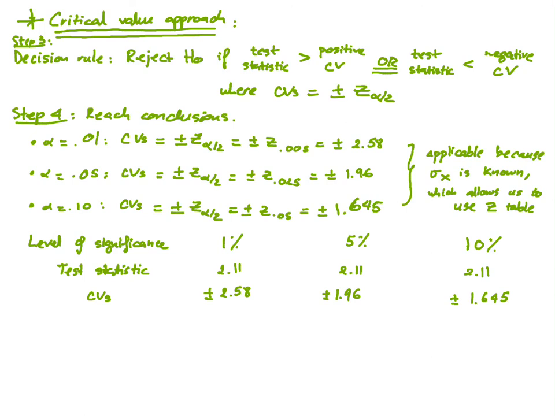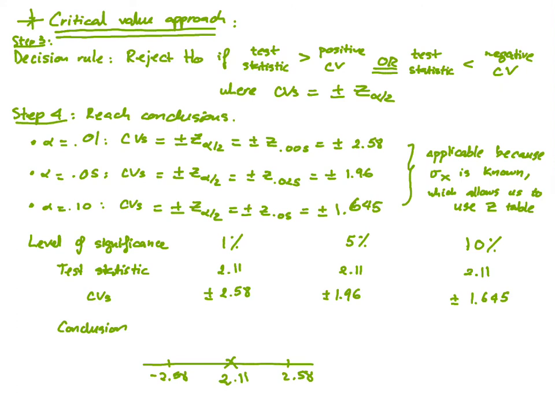So now what are the conclusions? At 1% level of significance, if this is negative 2.58 and this is 2.58, then our test statistic is in the middle somewhere.